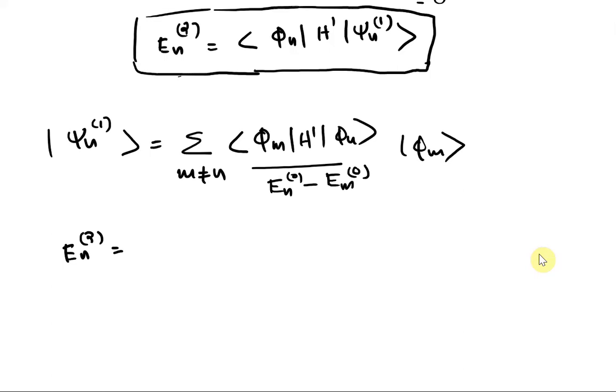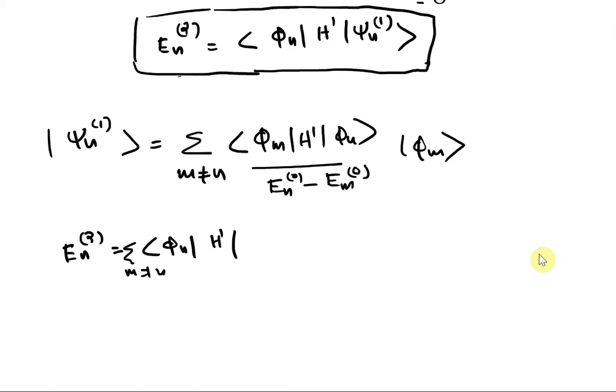En2 is equal to phi n h prime. Here the vector term is going to be this quantity. This is just a number, right? That sigma value you can put in front, m not equal to n, phi n.